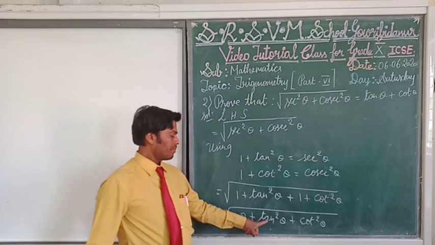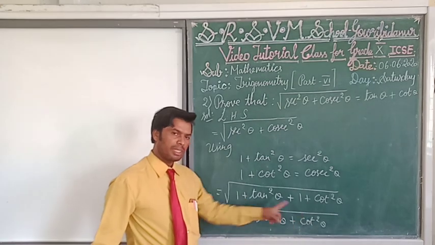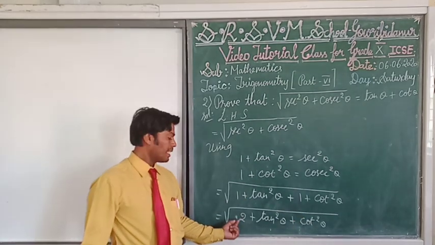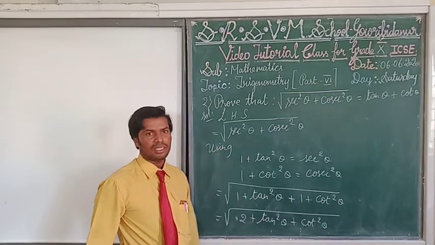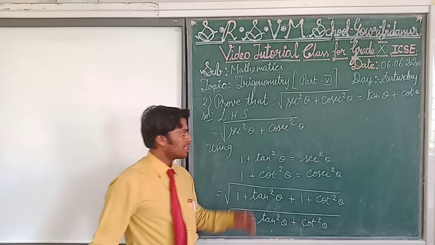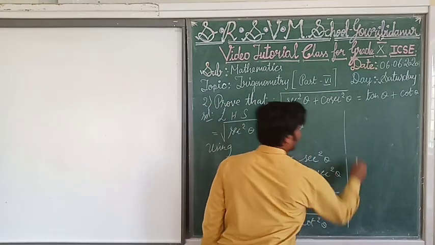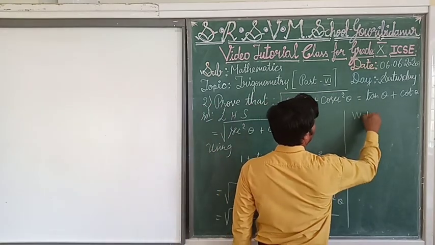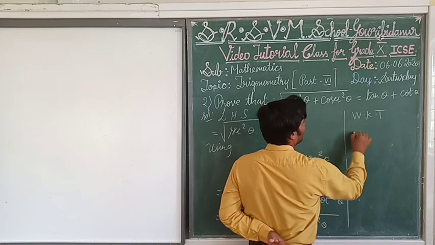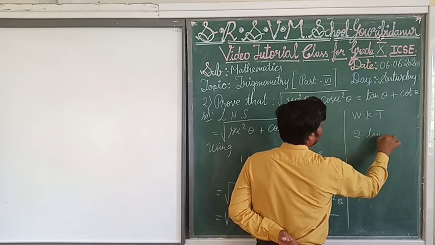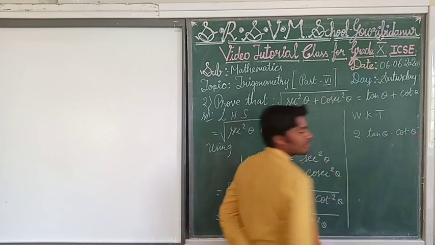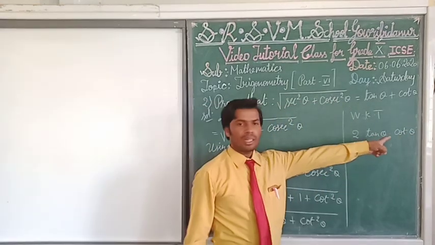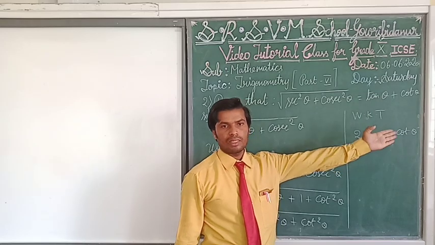So here see, a square format, b square format is there, and 2ab, the 2 is there but ab is not coming. a is nothing but tan theta, b is nothing but cot theta. We know that 2 into tan theta into cot theta: the reciprocal of cot theta is tan theta, and the reciprocal of tan theta is cot theta.